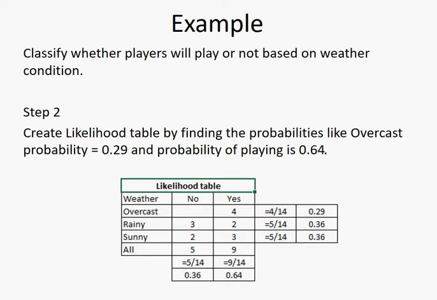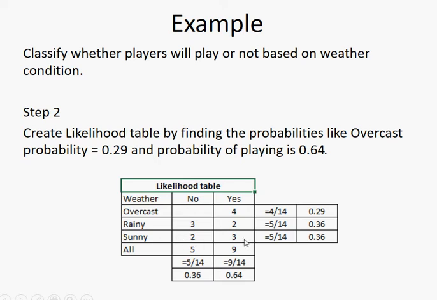The next step is to create the likelihood table, finding the probabilities. So basically we're going to calculate the probabilities per row and per column. For overcast we have 0 and 4, so there's 4 times out of the 14. For rainy there's 3 and 2, so there's 5 times that it was rainy over the 14.